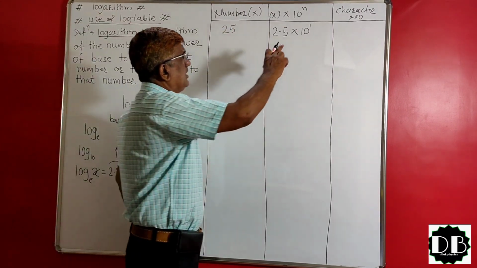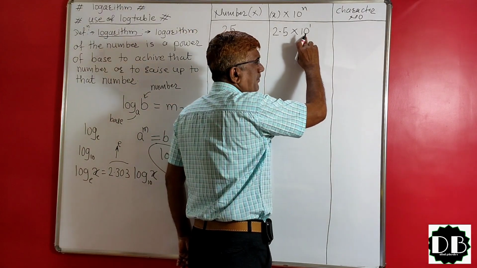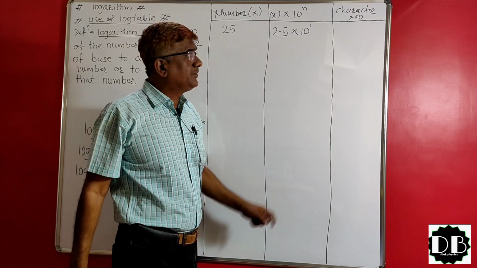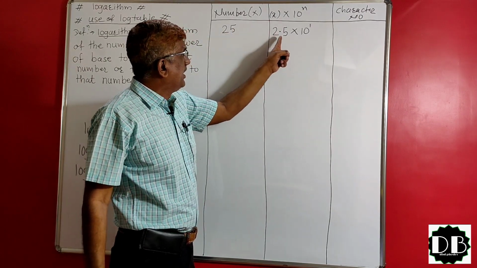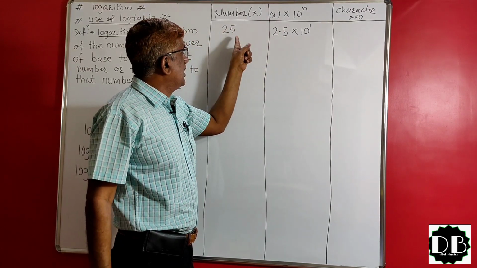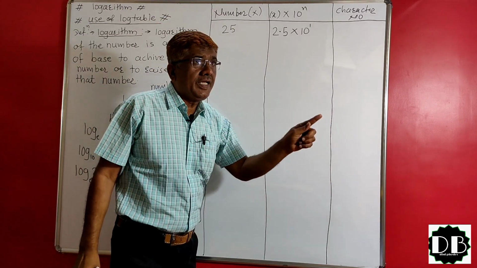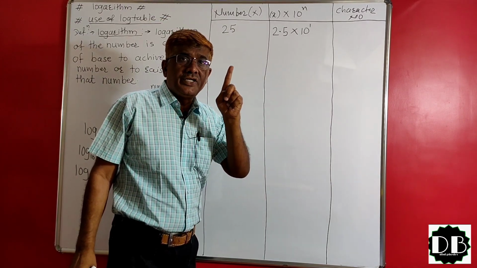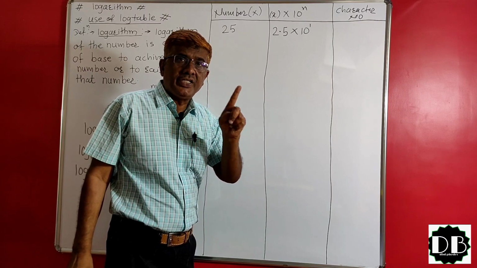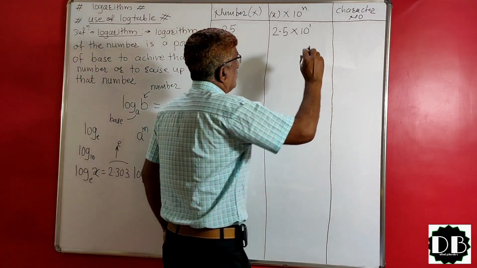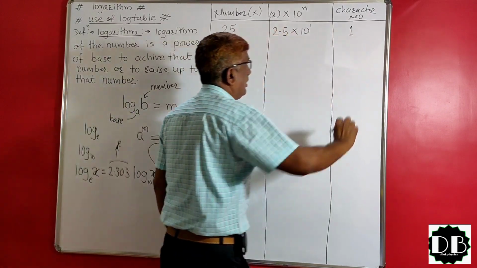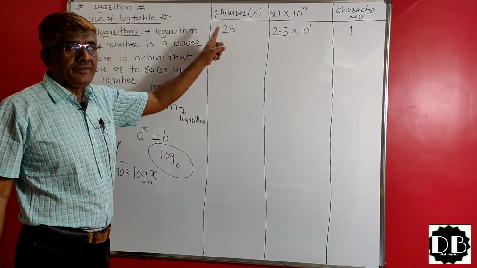Here we see the power of 10 which is multiplied with the 2.5. That means this number is converted such that the decimal point is always after one meaningful digit. Now 10's power is the character number of that number.